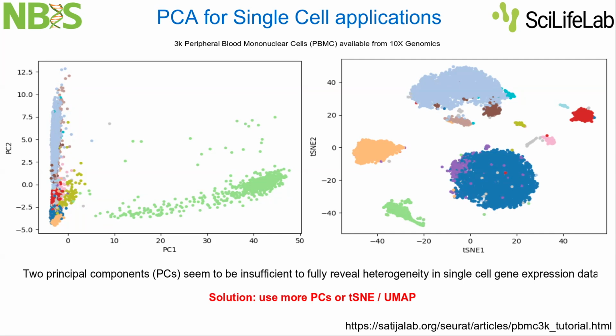For maybe a 5 to 10 dimensional space, all these 12 cell populations would be resolvable, but not in 2D PCA. On the other hand, UMAP and TSNE have this magic to combine multiple principal components into just 2D. So for UMAP and TSNE, the 2D map can be more informative than a 2D PCA plot.